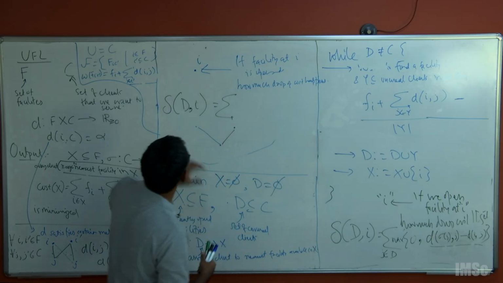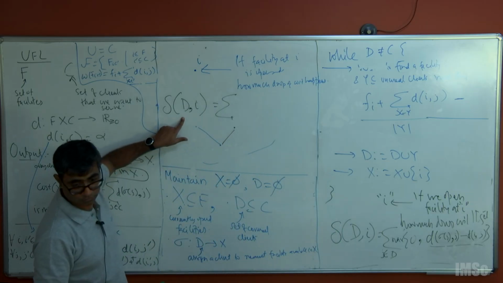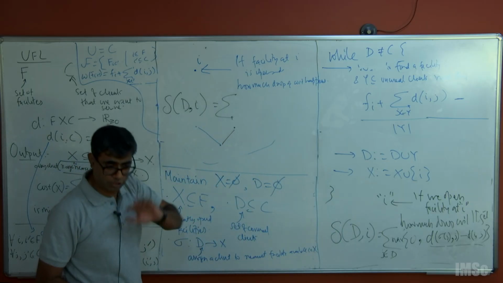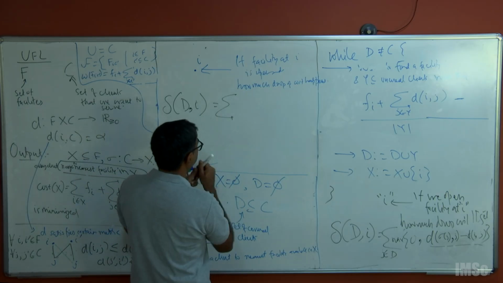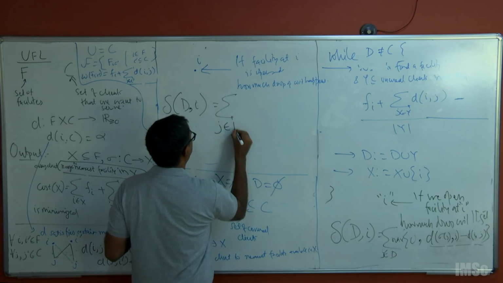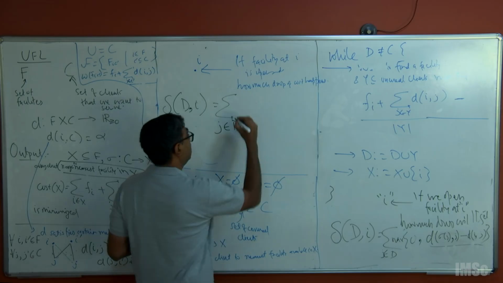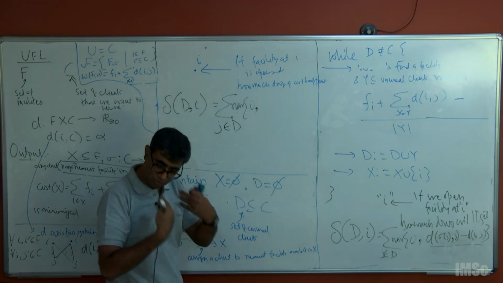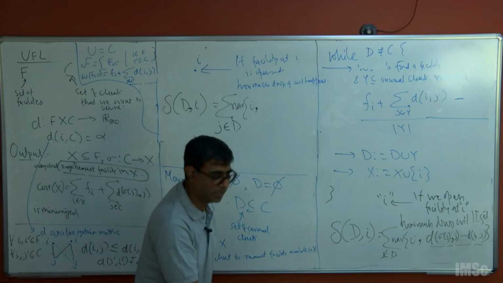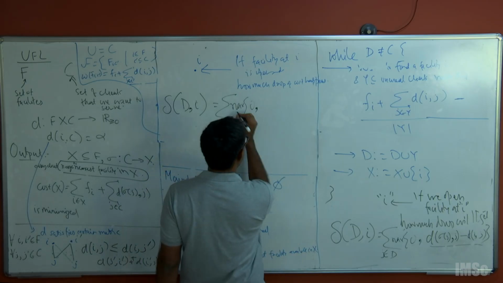So look at the D people. Either they lose or they don't want to. How do I capture that without worrying about this definition? I said, look at J in D, max of 0. Either you lose nothing because you are better off, or you lose. So this is why I write max.